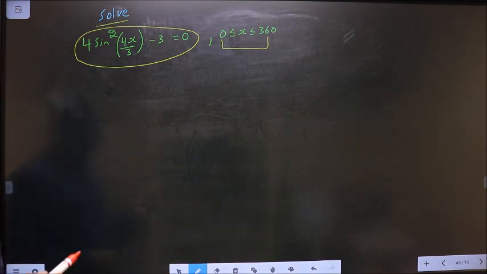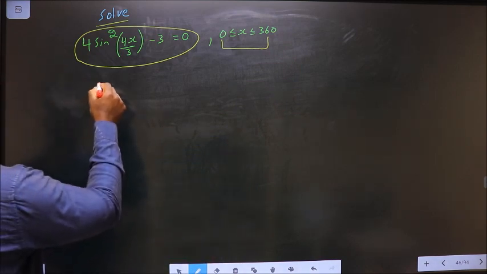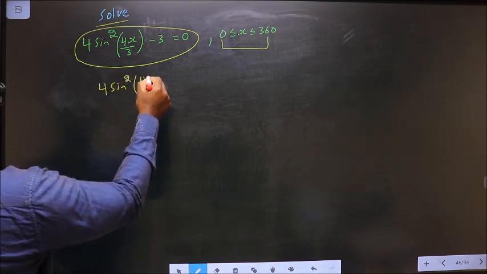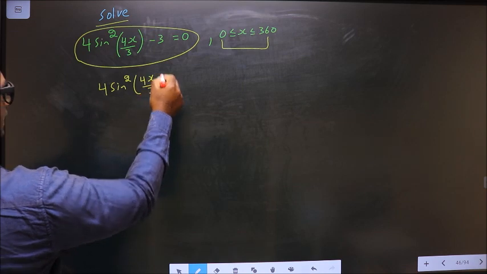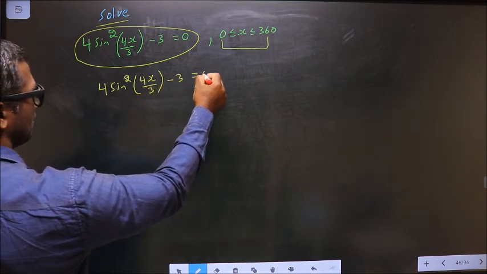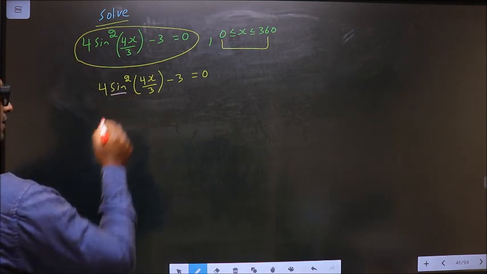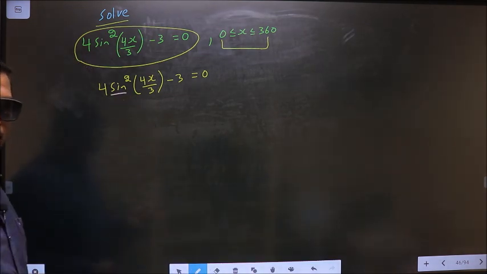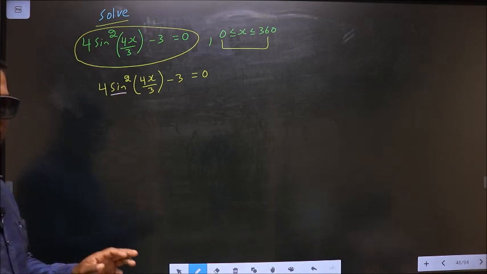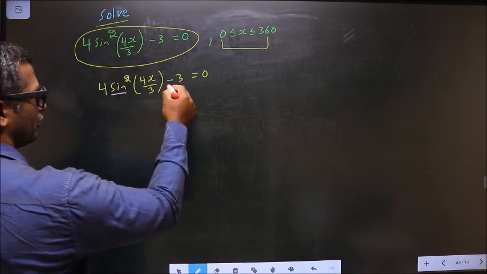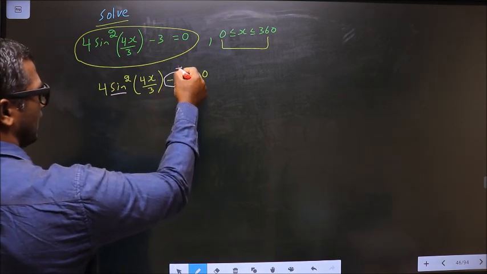First, the given equation is 4 sin²(4x/3) − 3 = 0. Here you have sine, so now you should make sine the subject. For that, remove all the connections connected to sine. First, to remove minus 3, you add 3.